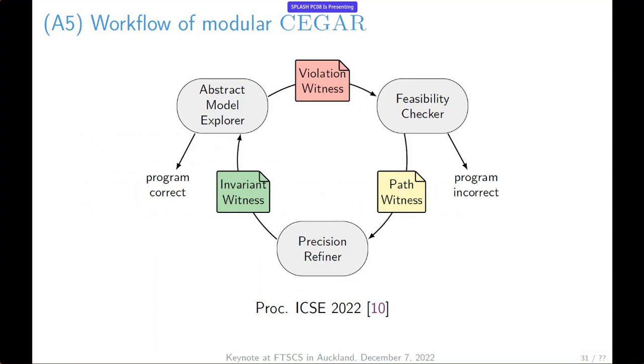For example, we have used Ultimate Automizer's Precision Refiner and CPACHECKER's Precision Refiner, and tried to exchange them and see which one is better. So, yeah, decomposition is possible, but we need to find more opportunities to decompose and use off-the-shelf components.